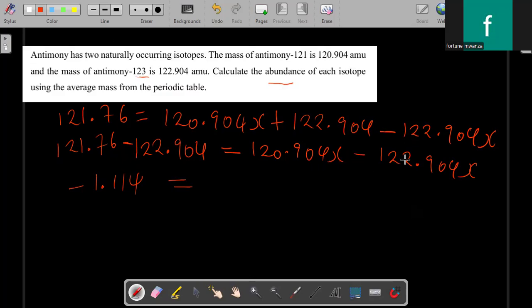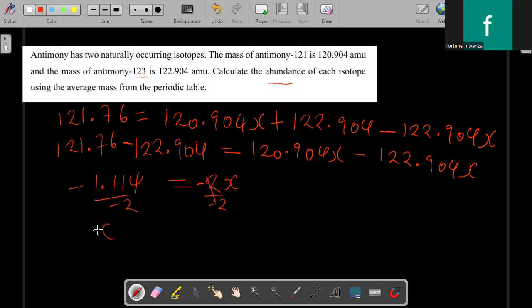Then I do the same on the other side, I subtract my 120.904 minus 122.904 x, so there I'm going to get a 2, so that will be 2x. I want to get the value of x, so what do I do? I'll divide both sides by negative 2, since this side is negative and this is negative, to get the value of x.